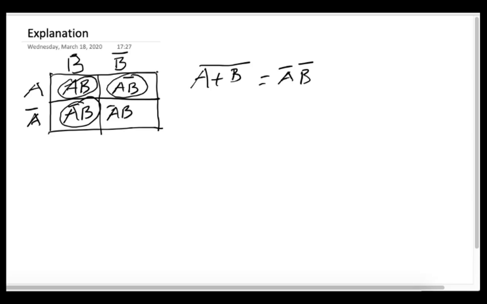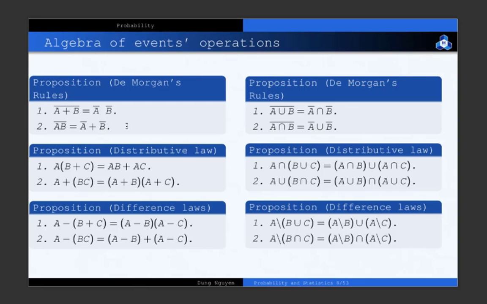Okay, and the complement of A plus B should be A bar B bar, right? So that's why you have this equation. So this equation is correct. Okay. So you see that the first equation is valid. You can use similar arguments to verify the second equation.